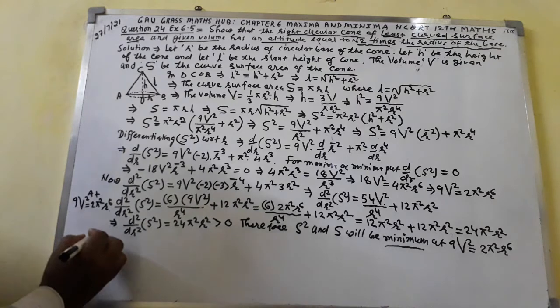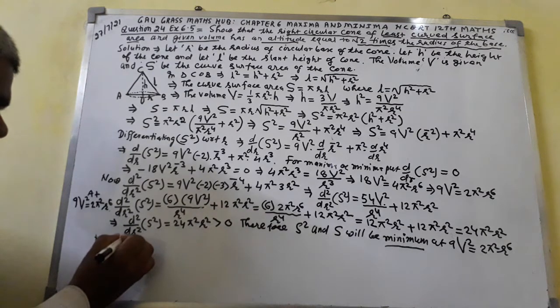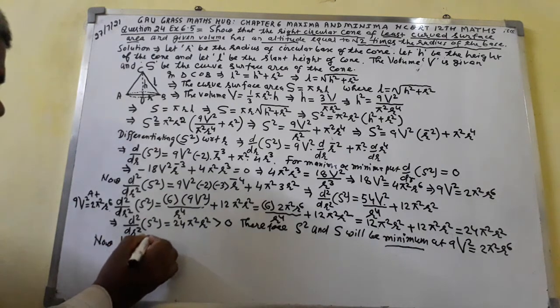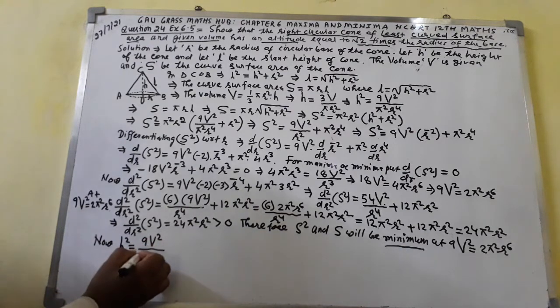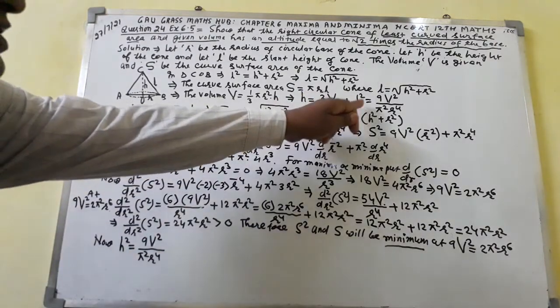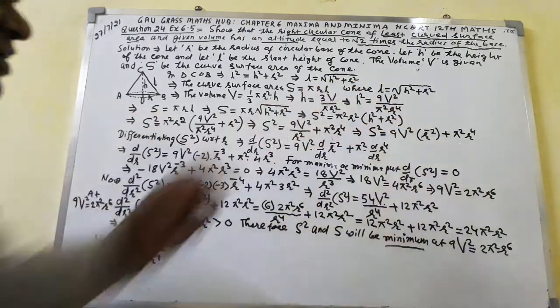So here you have got now h square equal to 9v square over pi square r raised to the power 4.